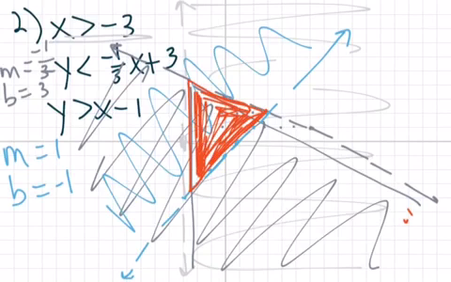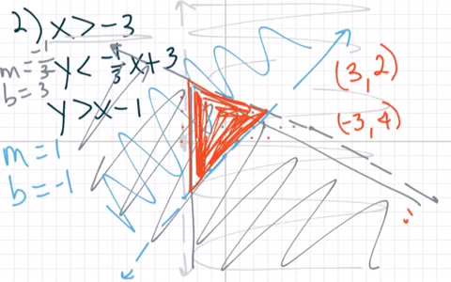So this vertex is 1, 2, 3, up 2, so that's 3, 2. This vertex is left 3, up 1, 2, 3, 4. So that's negative 3, positive 4. This one is left 3, down 4. 1, 2, 3, 4. So negative 3, negative 4.